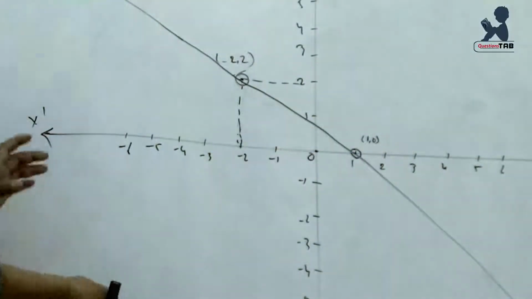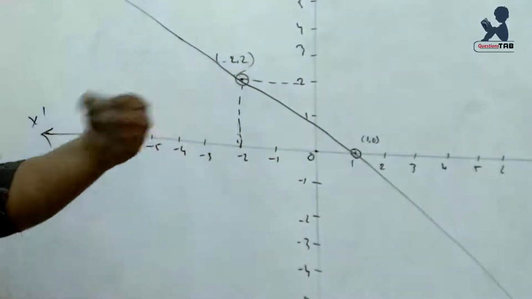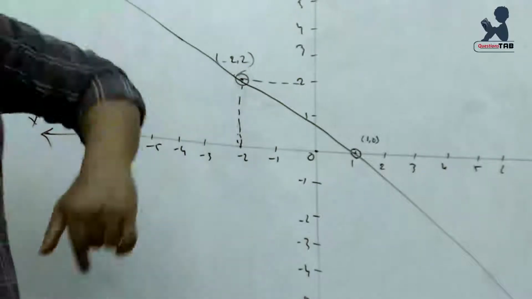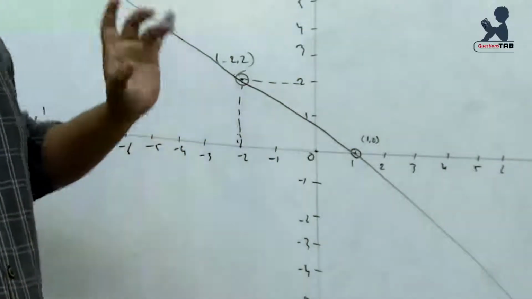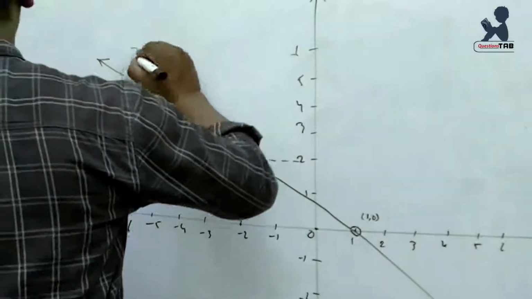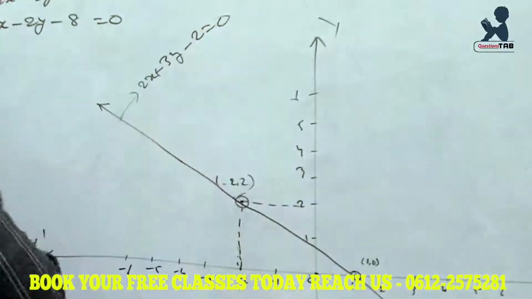That's why I told you to please draw this on your graph paper, because in examinations this question comes with graph paper. So it's nothing but our 2x plus 3y minus 2 equals 0 line.